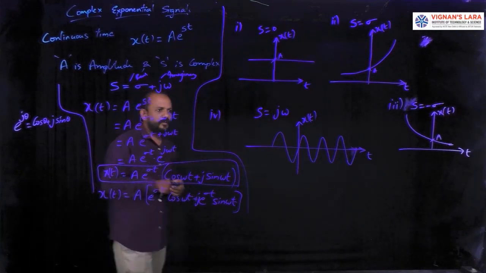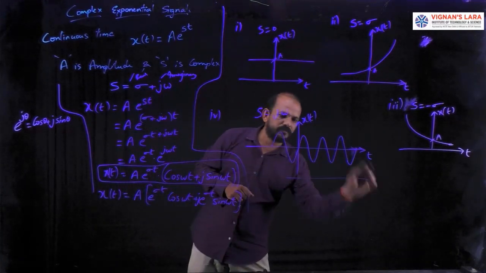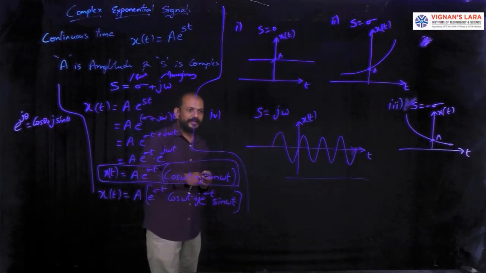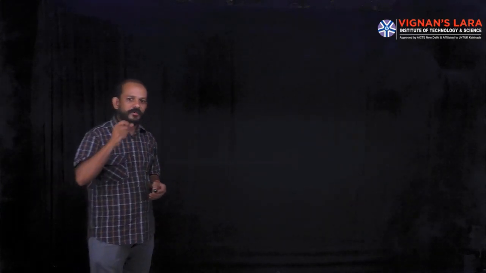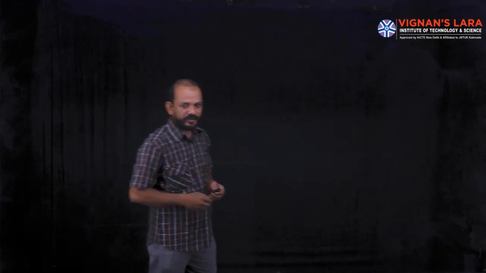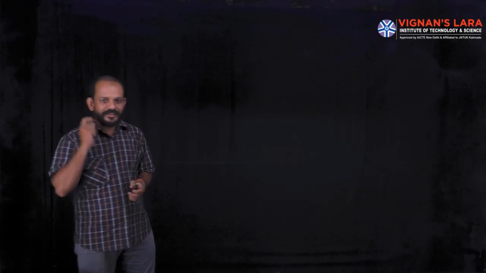Okay. Now this is the fourth and the last cases. Now we will see the last two cases of continuous time complex exponential signals. Up to now I considered four different values of s.